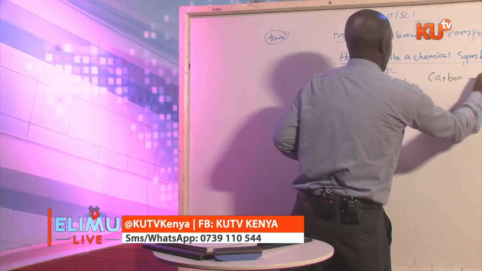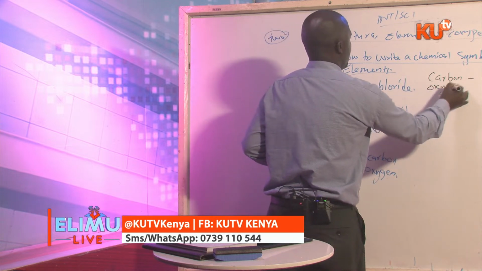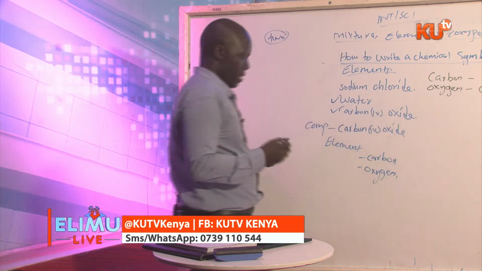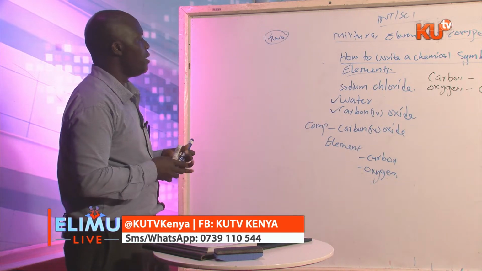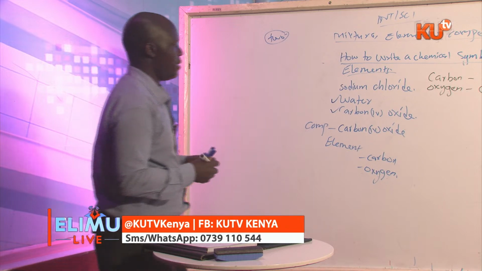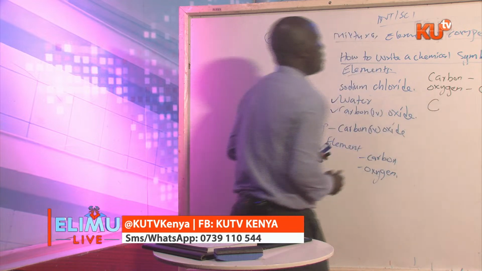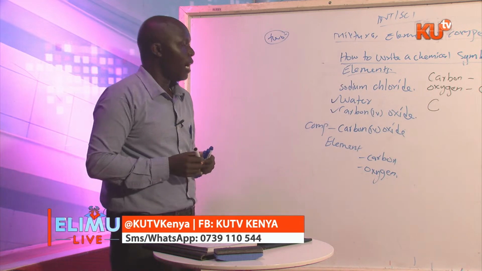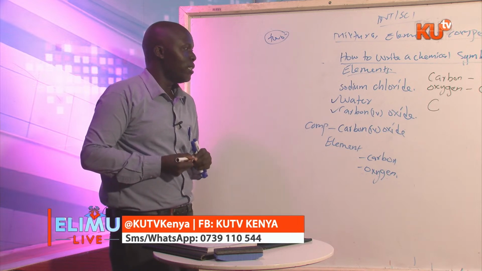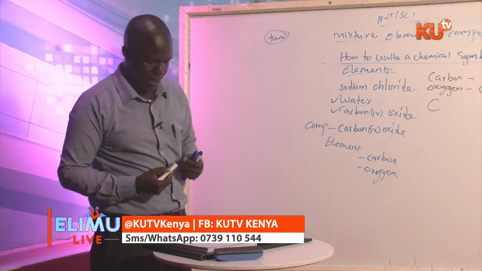The chemical symbol is C. Then we have oxygen, O. So how do we now form the chemical formula for carbon dioxide? We are going to have C, which represents the element carbon, which is a component of the compound carbon dioxide.